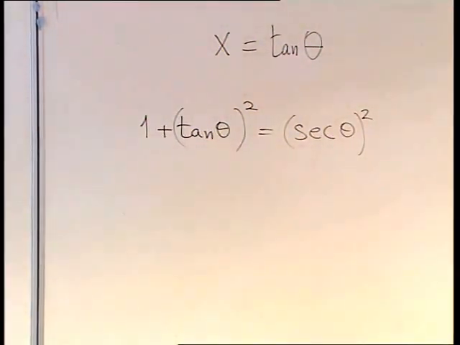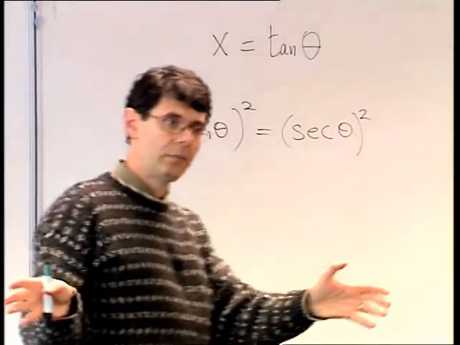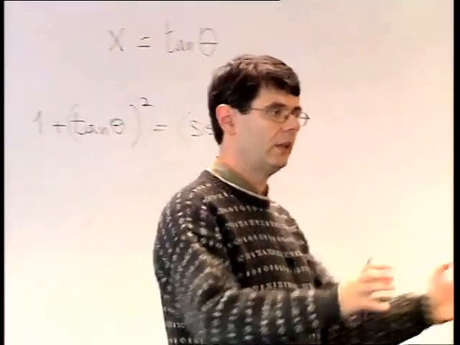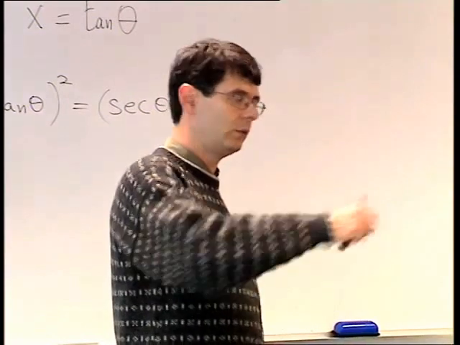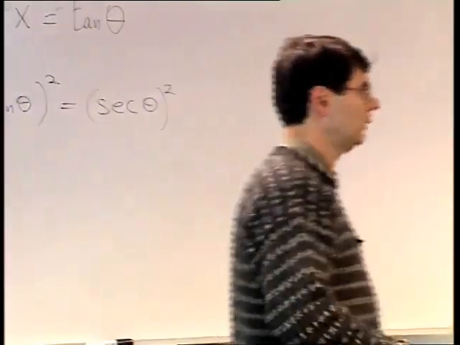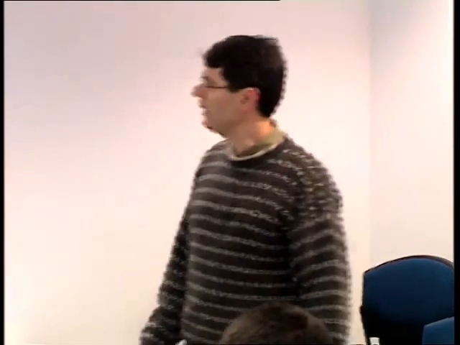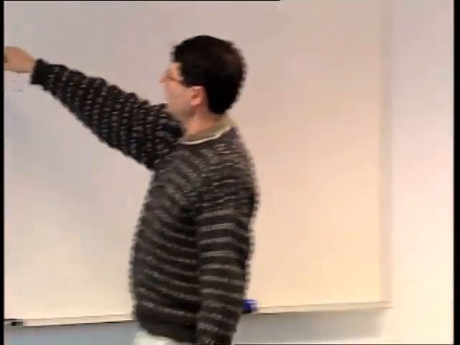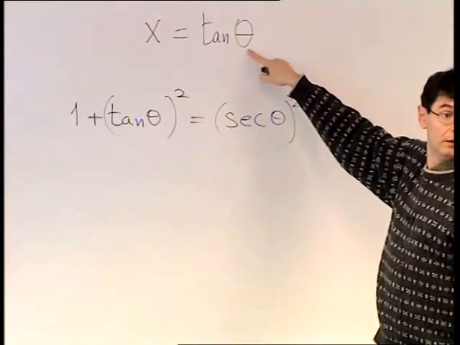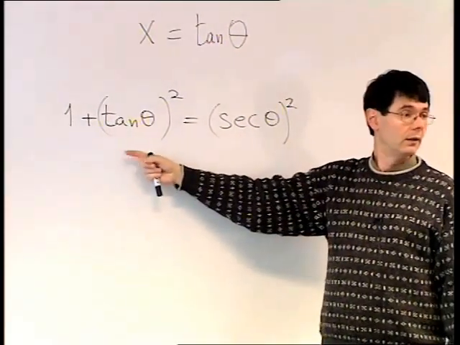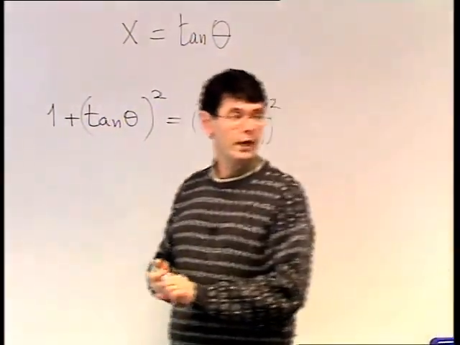Like some people have sheds in their house. You go there, you need something, you go to the shed, you open it, and you get the power drill or whatever. Well, you have a bag of formulas too. You never use them until you need them. There's this formula. And if you say that x is tangent of theta, this side here is 1 plus x squared.